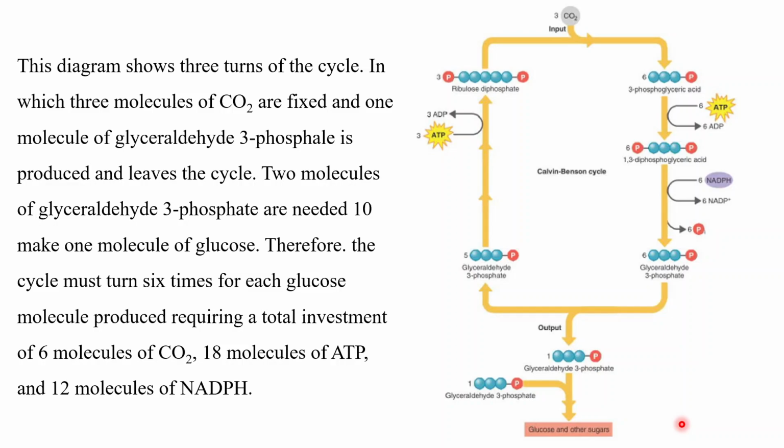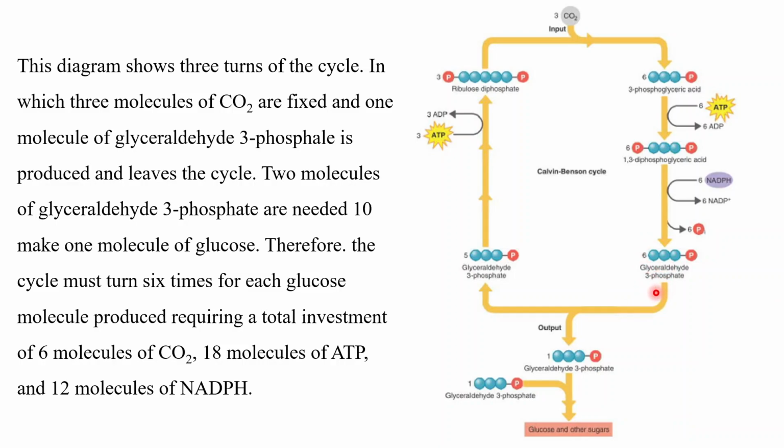Although pyruvate is further converted into acetyl coenzyme A, pyruvate also goes to other pathways. So the pathway of glycolysis stops at pyruvate. Similarly in this case, the Calvin cycle stops at glyceraldehyde 3-phosphate.